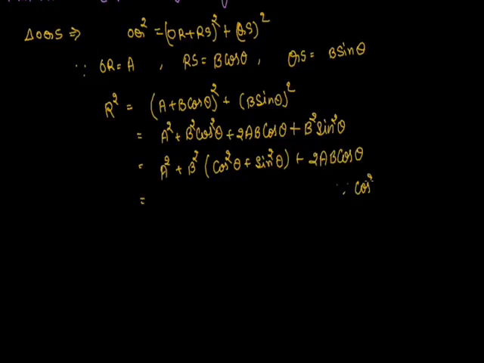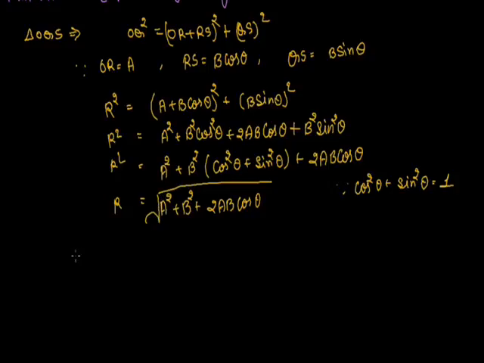We know cos square theta plus sin square theta equal to 1. So A square plus B square plus 2AB cos theta. This is R square, and we can write R equal to under root A square plus B square plus 2AB cos theta. This is the magnitude of resultant of two vectors where theta is the angle between two vectors.